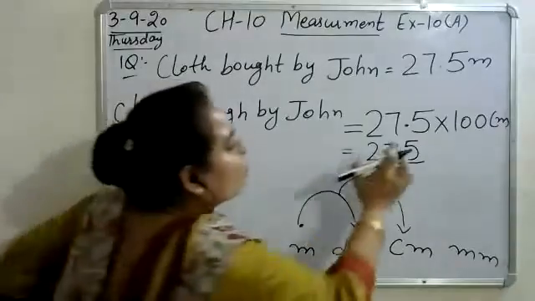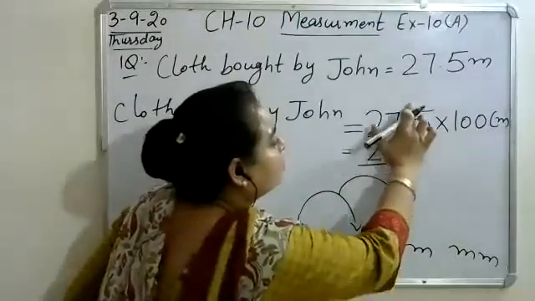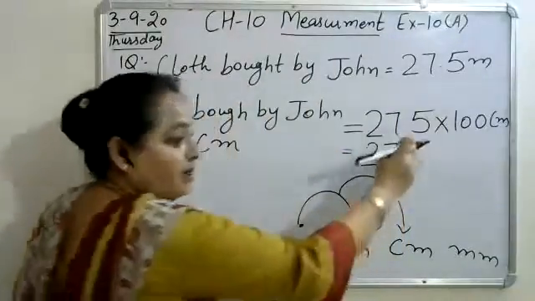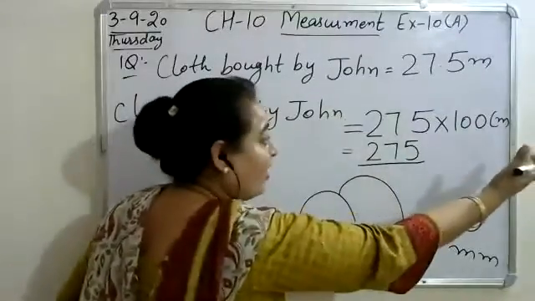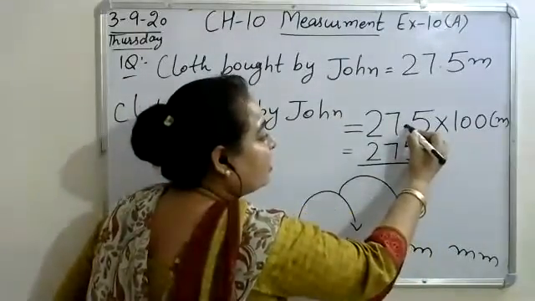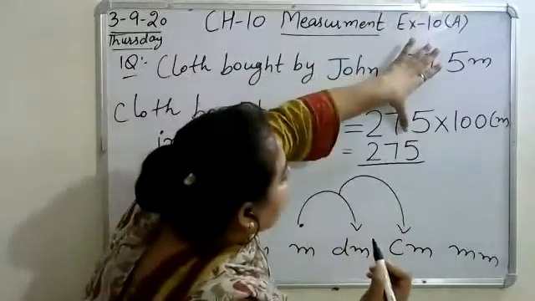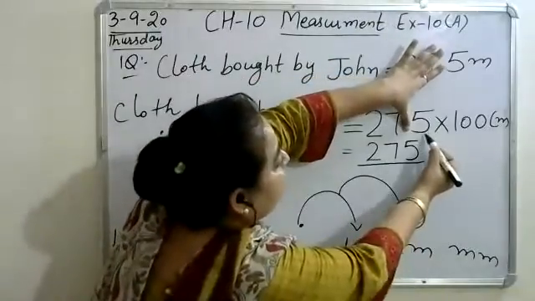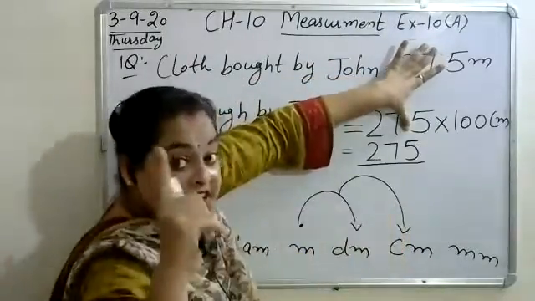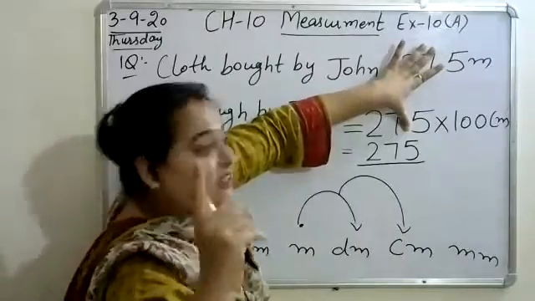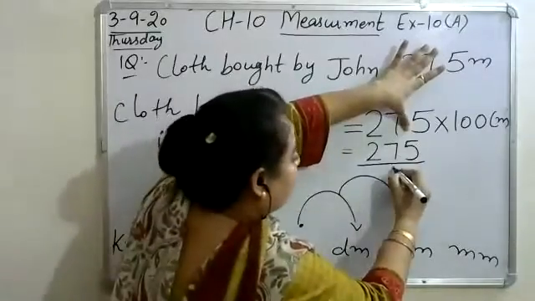After the decimal on the right hand side there is one single digit, so you will write 10 here.